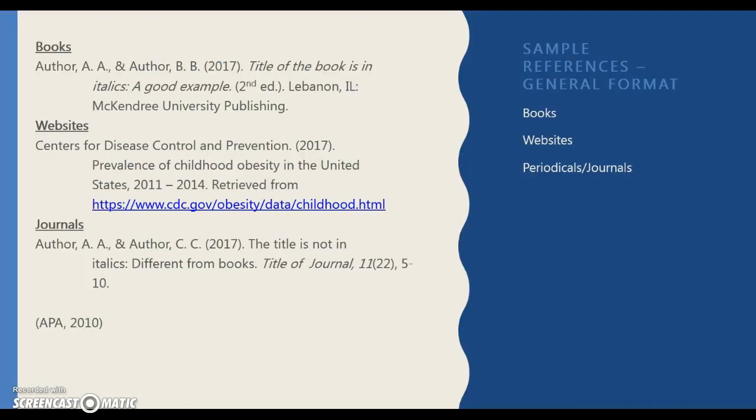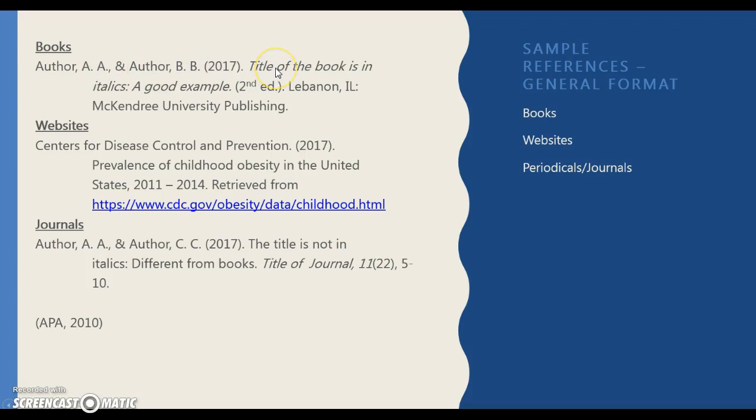So when we're looking at some sample references, I want to walk through the sample references, and they aren't all exactly like this, but this is the general format for books. So you want to make sure that you list out the authors, the date.